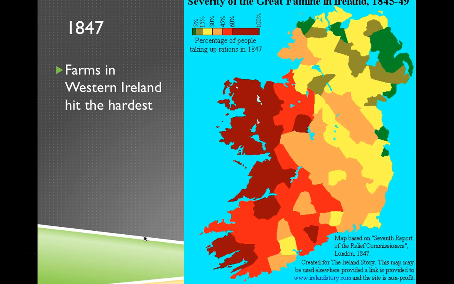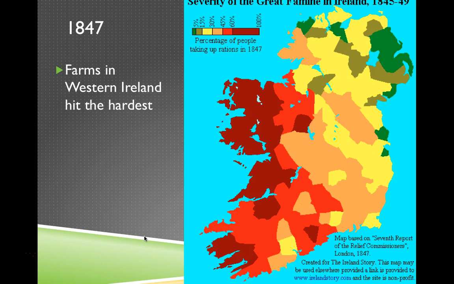By 1847, there's another crop failure, and the farmers in Western Ireland are hit the hardest. On this map, the darkest colors on the left-hand side of the map show areas in Ireland that were essentially starving.